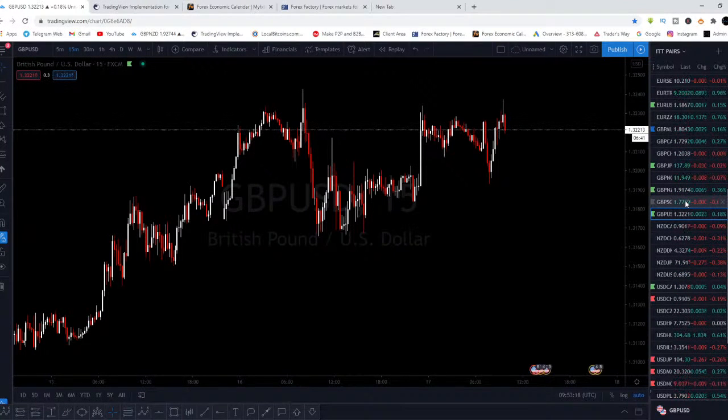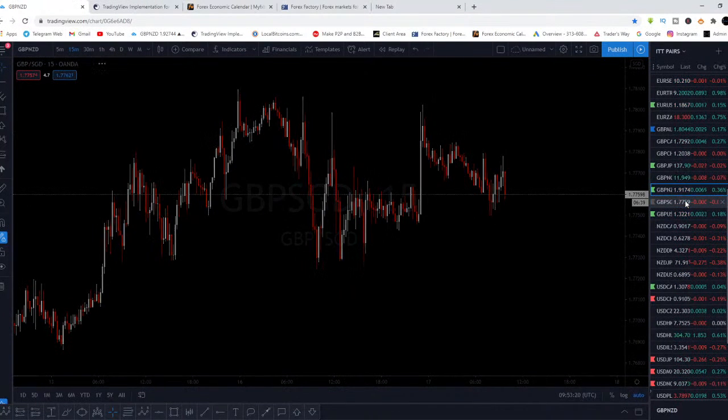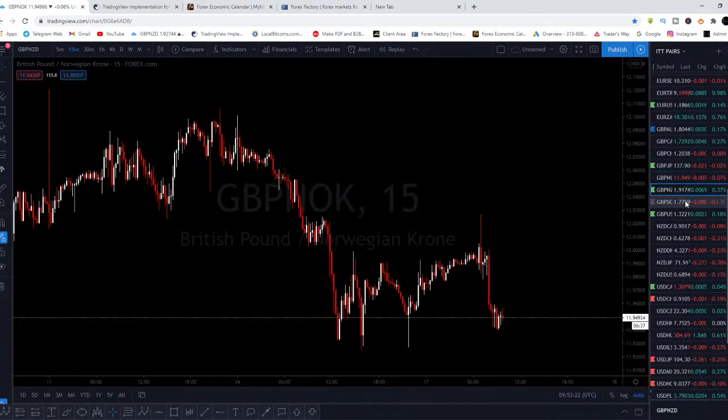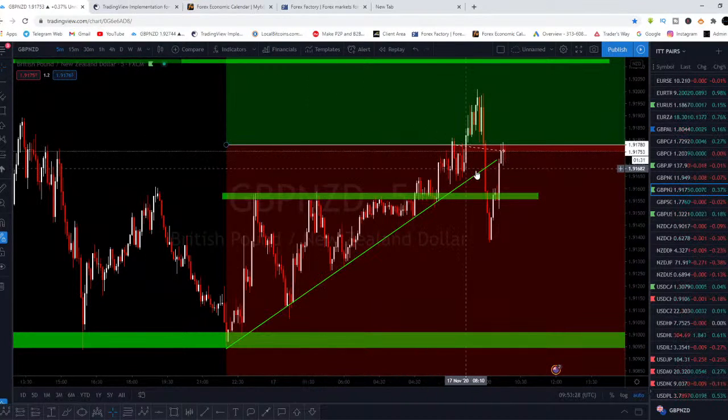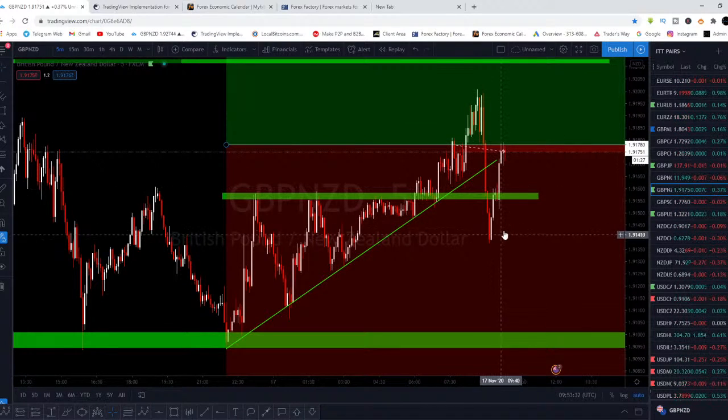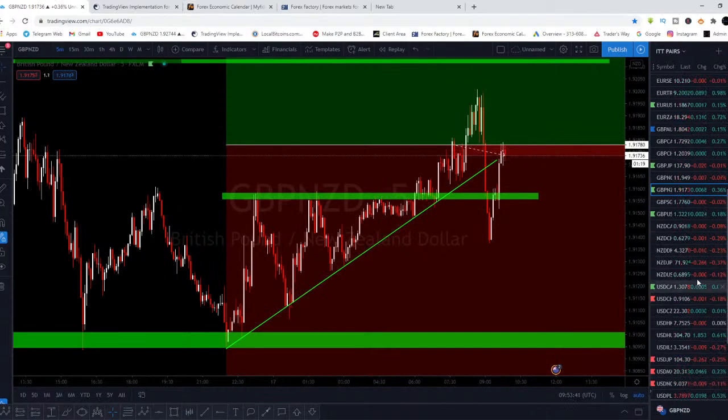GBP CAD as well is trying to come down again, but not interested in them. GBP NZD is trying to go back up, but let me wait for this 1 hour candle to close completely before I get into this. I wanted it to break out of this zone. Most importantly, let's wait for this 1 hour candle to close, to be honest.